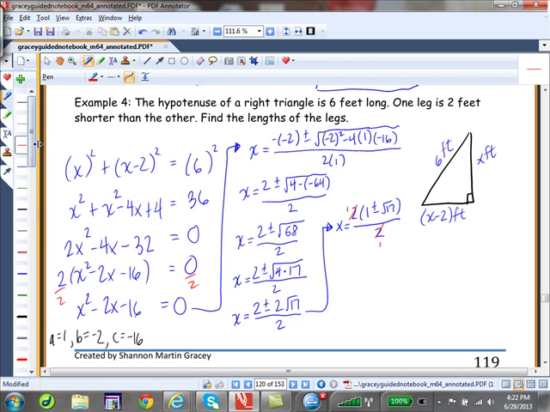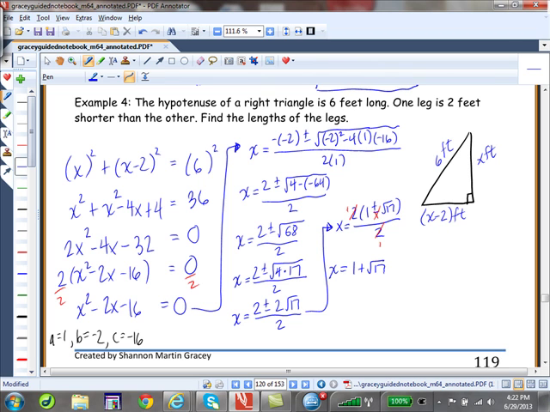So then we have to figure out, now the square root of 16 we know is 4. So do you see that 1 minus root 17 will be negative? And we don't want a negative length. So we can also say, hey, we're throwing out that negative result. So x is equal to 1 plus the square root of 17.